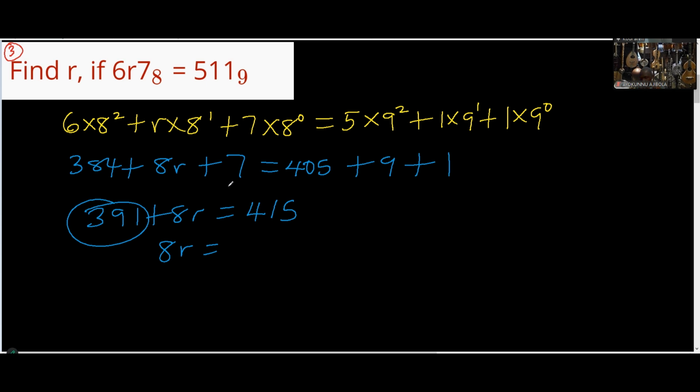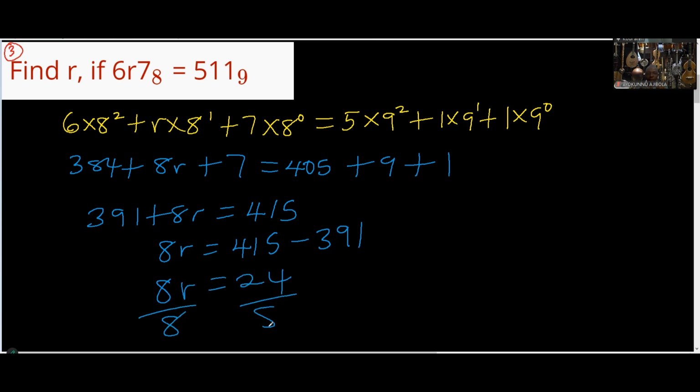So we have 8r equals 415 minus 391. When we say 415 minus 391, we get 24. So 8r equals 24. Then we divide both sides by 8. We have r equals 24 by 8, which is 3. So r is going to be 3.